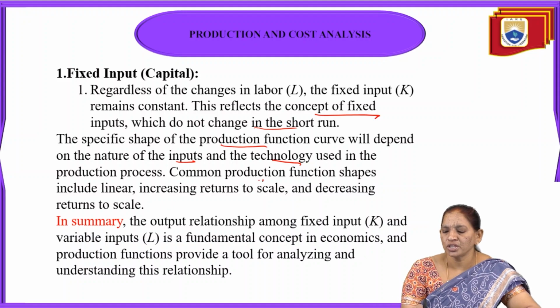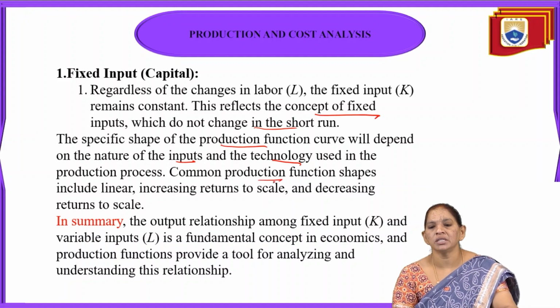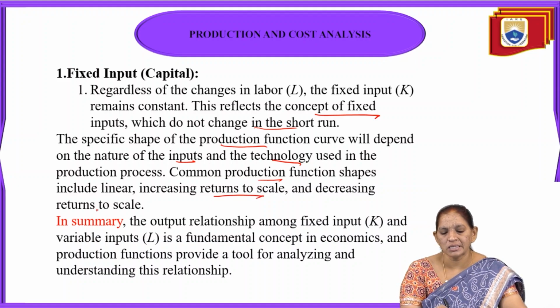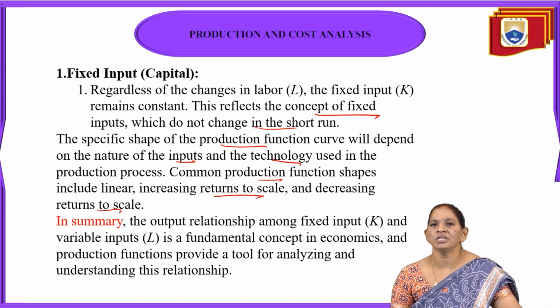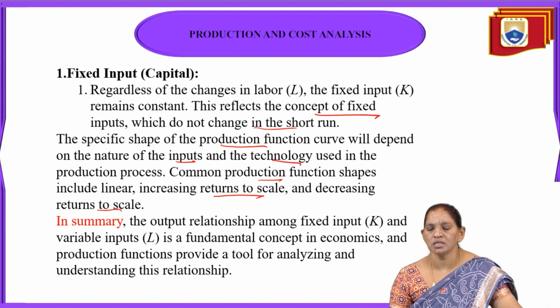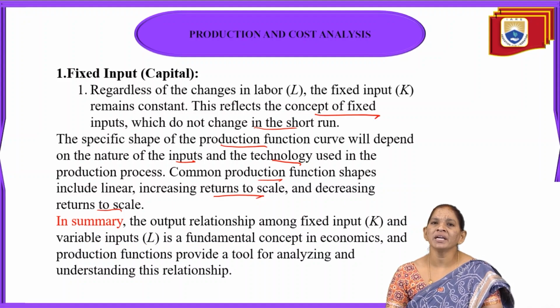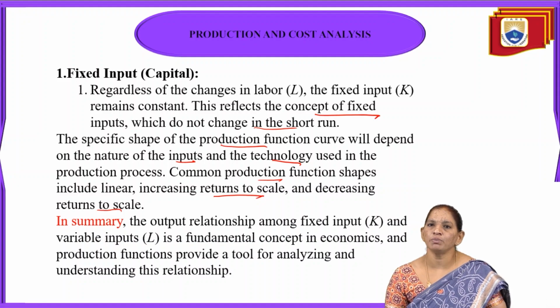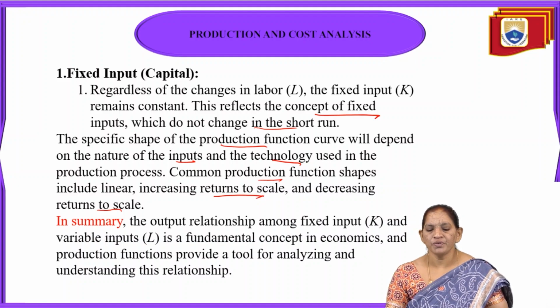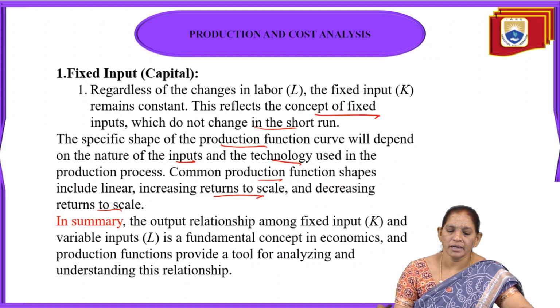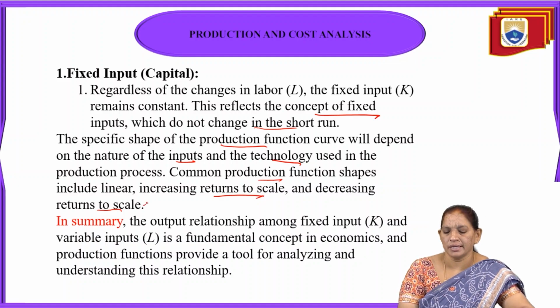The common production function shapes include linear, increasing returns to scale, and decreasing returns to scale. Means the dependability of the increase or decrease of these production functions, by considering one factor as variable and another as fixed, lets us identify linear or increasing returns to scale and decreasing returns to scale.